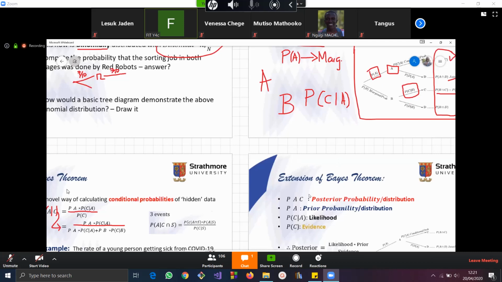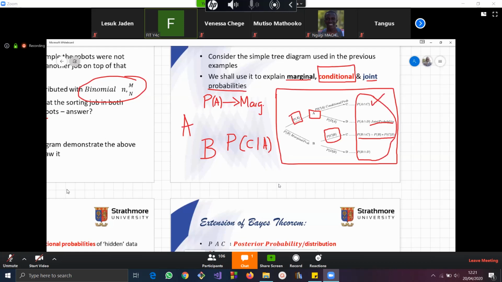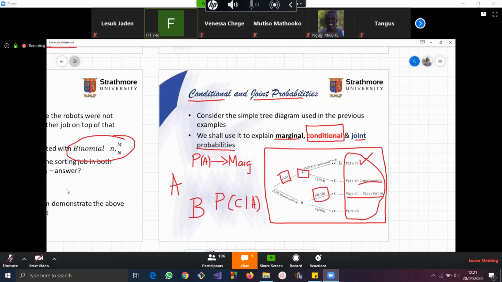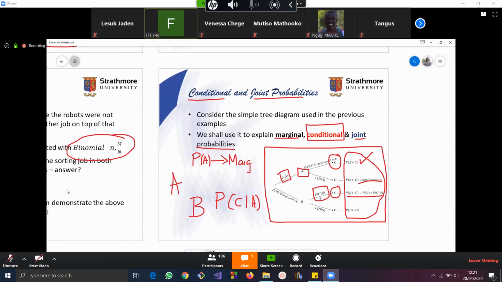There are two ways to get C. Either I take probability of A times probability of C given A along this line, or I take probability of B multiplied by probability of C given B, okay? Remember we normally multiply when we go towards that direction because you are getting a marginal probability.